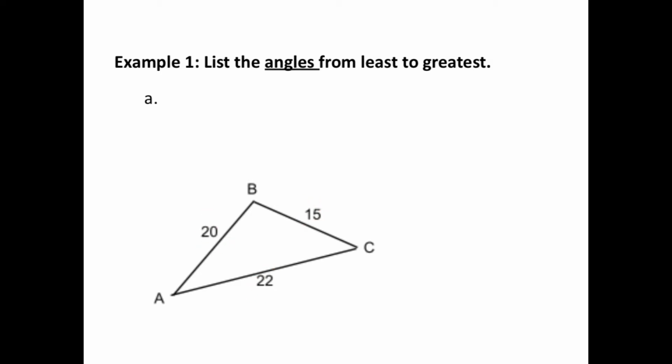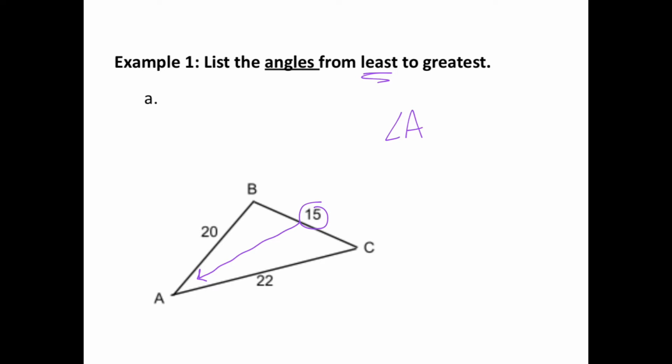So what we know based on the relationship from the sides and the angles is that if I take the smallest side, that will be opposite the smallest angle. And so I'm starting with the smallest because it's asking for from least to greatest. So I know that angle A is going to be the smallest angle because it is opposite of that smallest side.